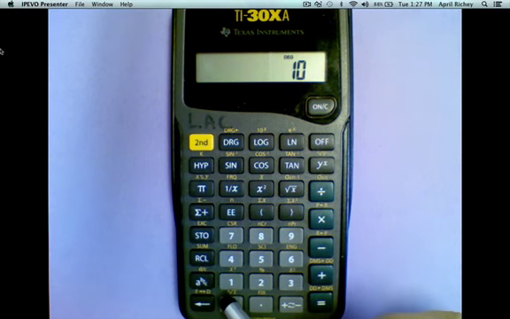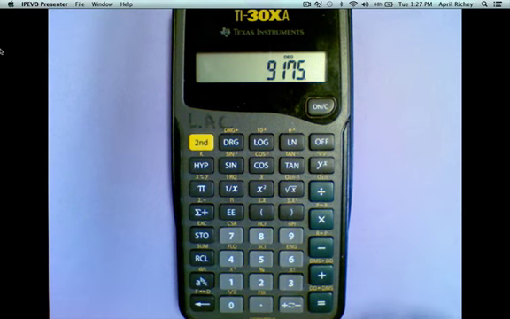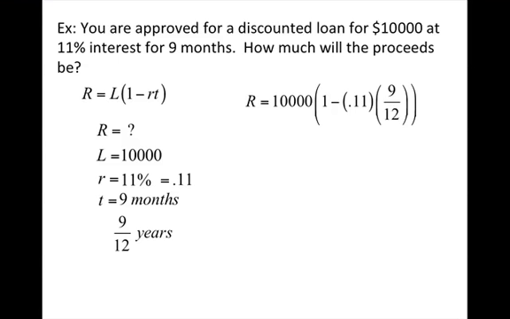I'm going to leave this in my calculator and multiply by the 10,000. So times 10,000 gives me 9,175. So this is the actual amount of money that I'm receiving from the bank. So when we entered this into our calculator, inside the parentheses we got the 0.9175.